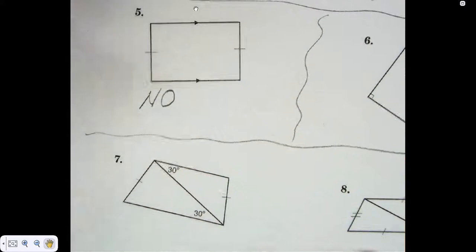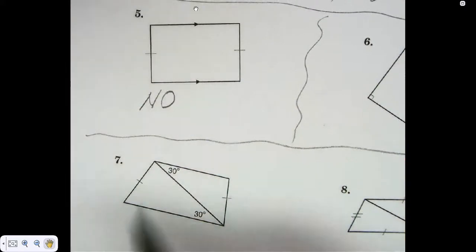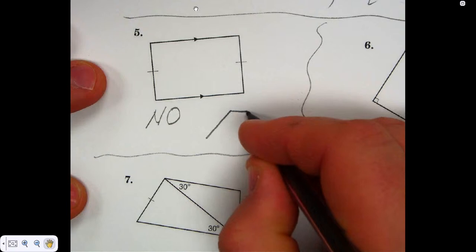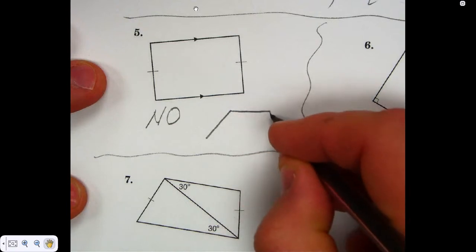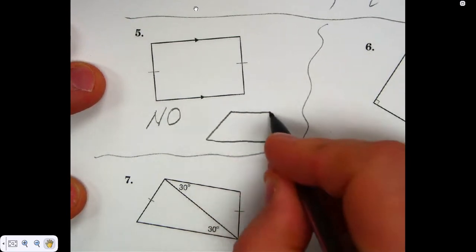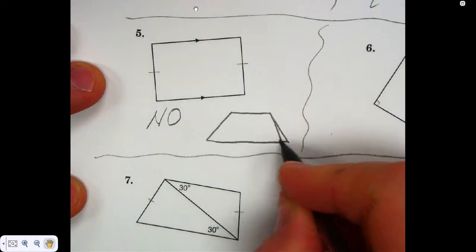I'll let you in on a little secret. Here's another thing you could do. Could you draw this same situation in something that's obviously not a parallelogram? I didn't do a great job of drawing it. I probably should have drawn it more like that.